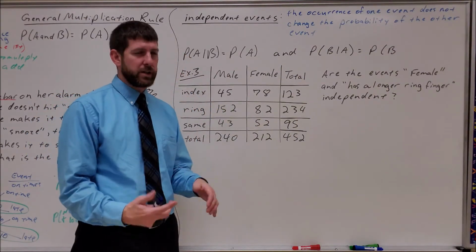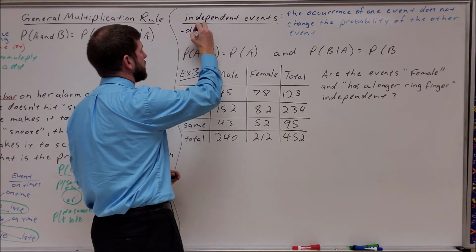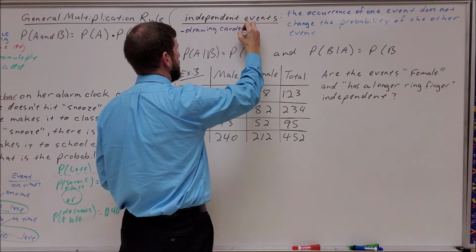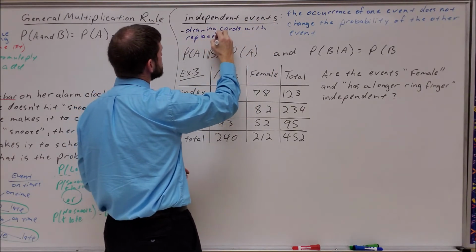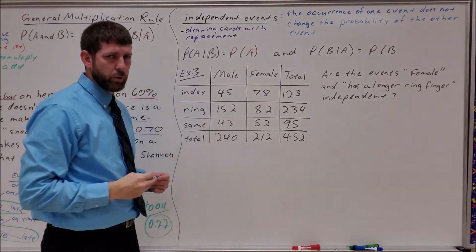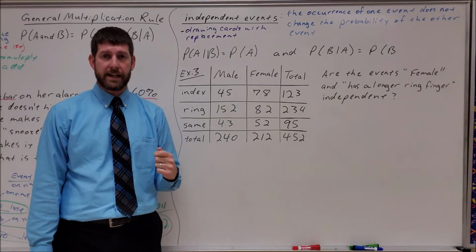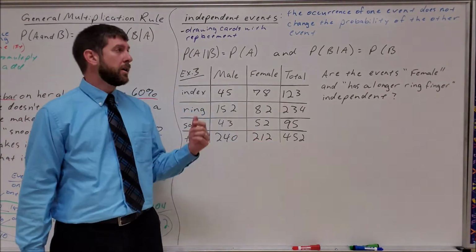So an example, pretty good example of independent event would be like drawing a card. So drawing cards with replacement. So when we dealt with mutually exclusive, that'd be like drawing a card and saying it can't belong to two different suits at the same time.